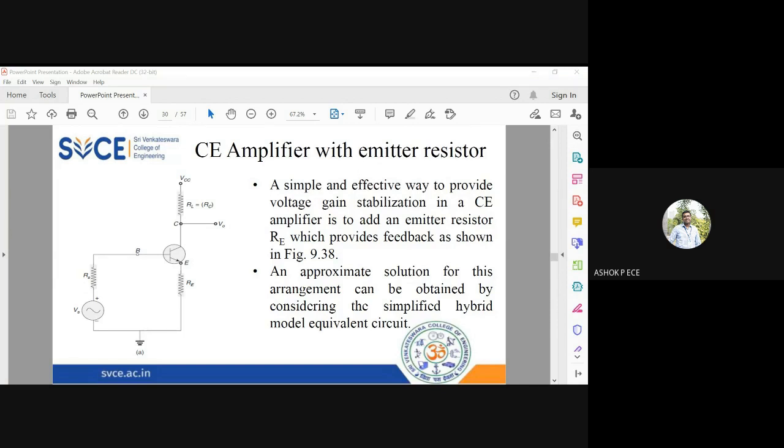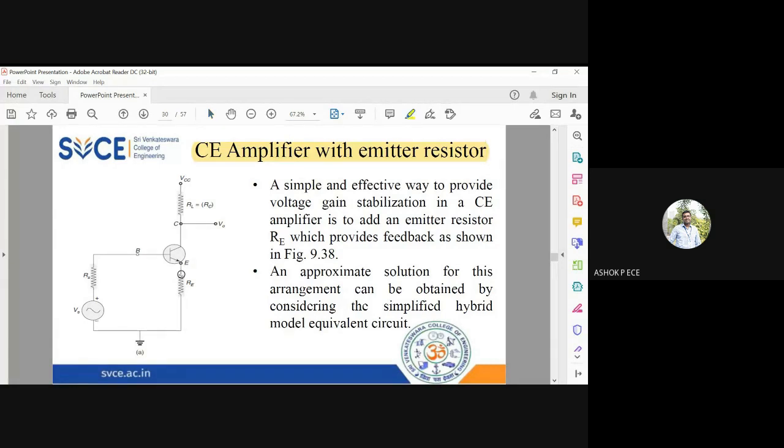Okay, so that is what I want to convey here, and we are going to continue with the analysis on how to analyze the common emitter amplifier using H parameter model for the second type of bias. The second type of bias is using an emitter resistor. So we have seen that fixed bias has a very high value of stability factor, and if I want to reduce that, one simple way is to add an emitter resistance RE here.